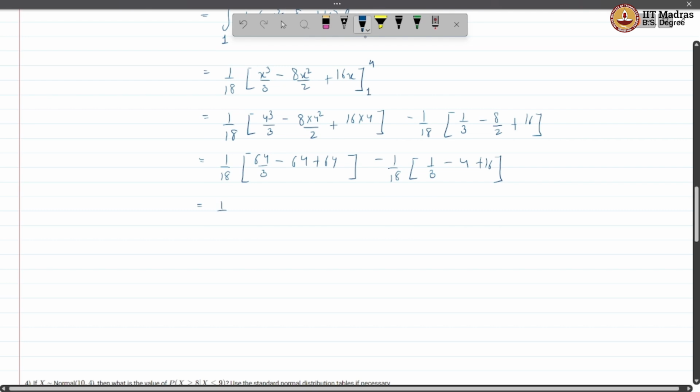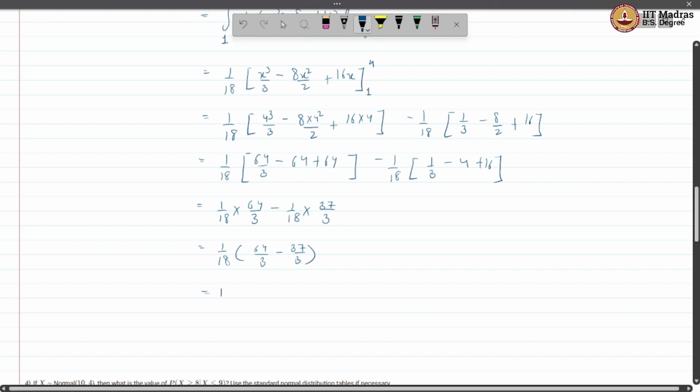This will be equal to 1 by 18 into 64 by 3 minus 1 by 18 into 37 by 3. So on further simplification, we can take 1 by 18 common from both the terms, and this will be 64 by 3 minus 37 by 3.